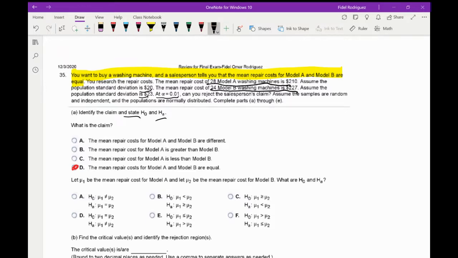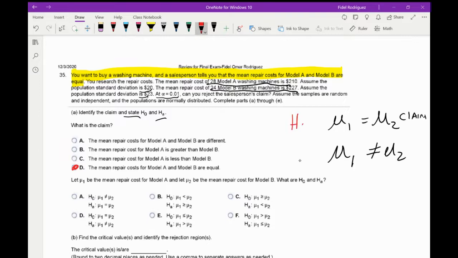Now it says let mu1 be the mean repair costs for Model A and mu2 for Model B. What are H0 and HA? So mu1 is equal to mu2, right? This is our claim. The opposite of saying something is equal is saying that it is not equal to.